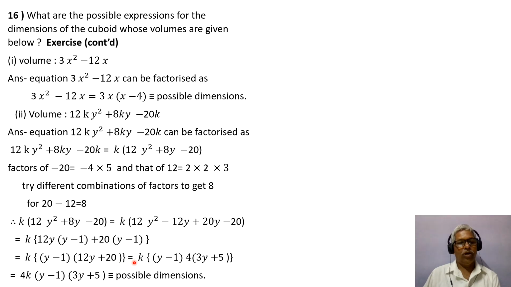So this equals k into the bracket y minus 1 into, taking 4 common, we are left with 3y plus 5. So this equals 4k into y minus 1 into 3y plus 5. These are the possible dimensions; there will be 3. So 4k is one, y minus 1 is another, and 3y plus 5 is the third one.